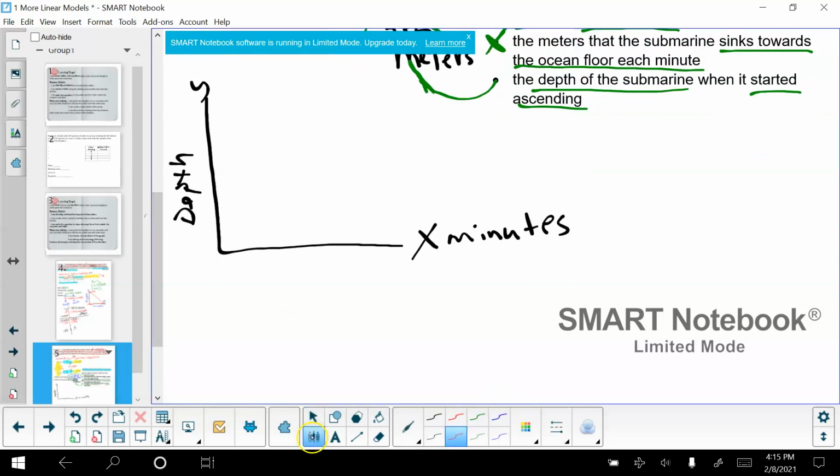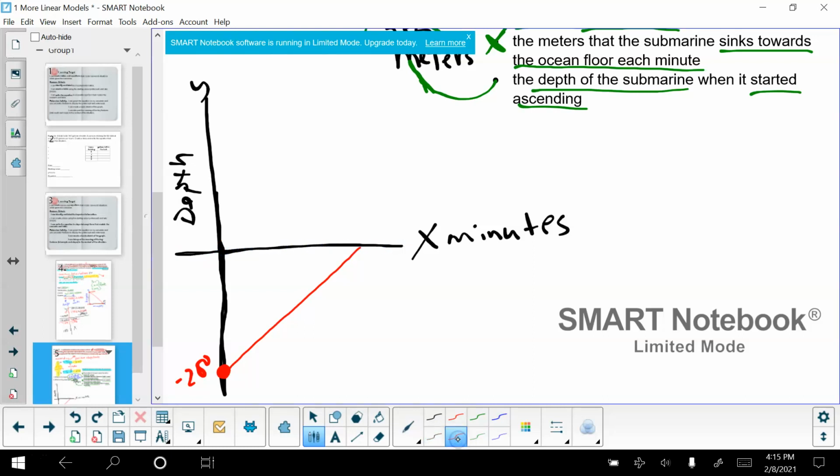So I need to go ahead and extend this out. Extend this out to show the negative part of the y-axis, and where my sub would be down here at negative 200, and it's going up. Okay, so it's in the bottom part, and if you want to extend the x-axis out here so that you can see more of that, you can as well.